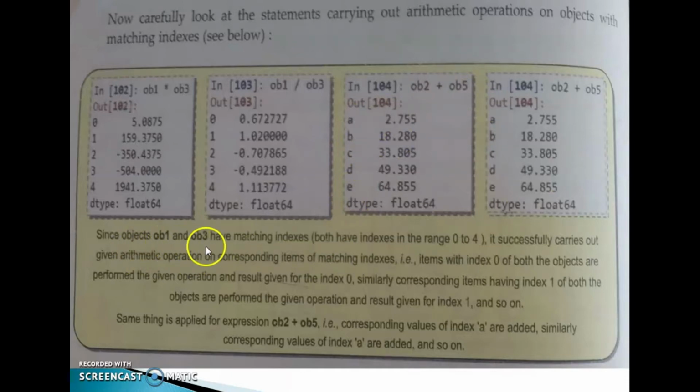Since objects OB1 and OB3 have matching indexes, both have indexes in the range of 0 to 4. It successfully carries out the given arithmetic operations on corresponding items of matching indexes. That is, items with index 0 of both objects are performed the given operation, and the result is given for index 0.